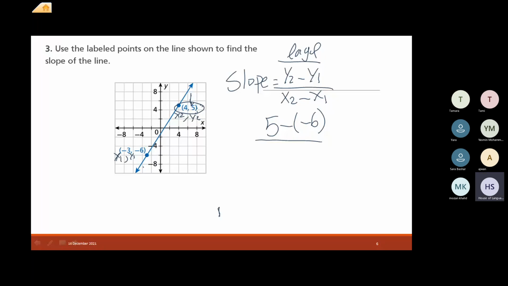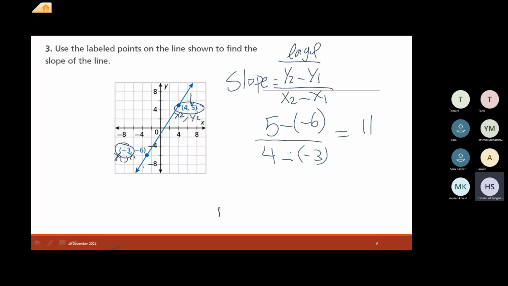Now, where is x2? Layal said this is x2. So 4 minus what? Negative 3. Now, 5 minus negative 6 is what? 11. Keep, change, flip: 5 plus 6.